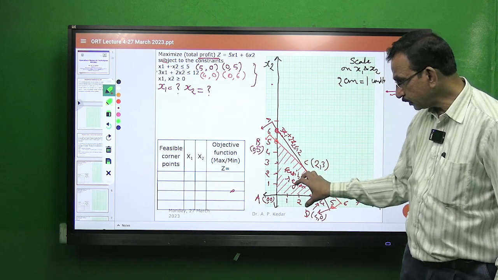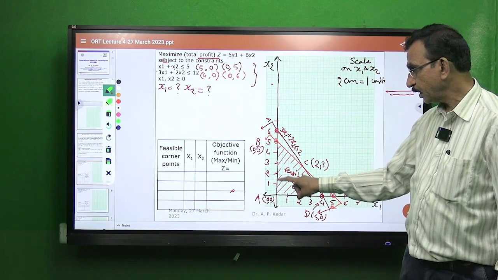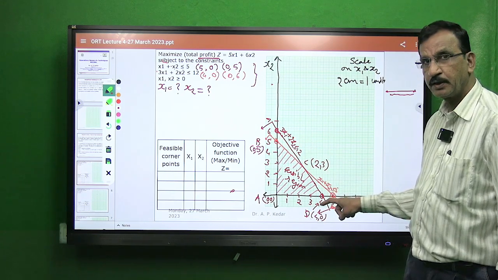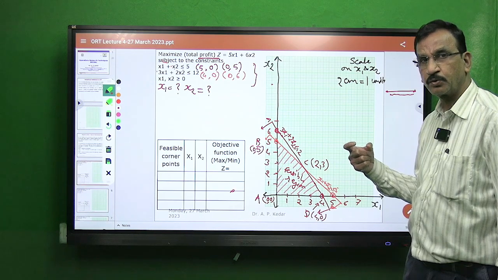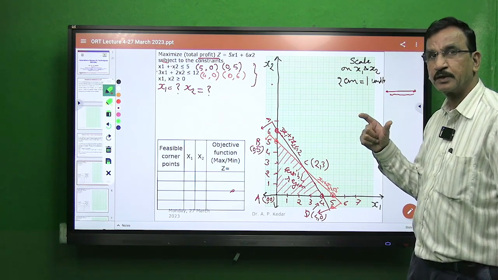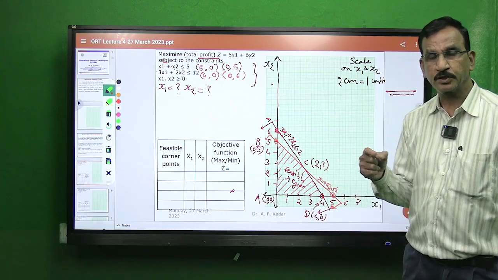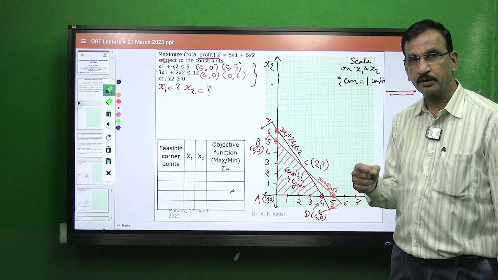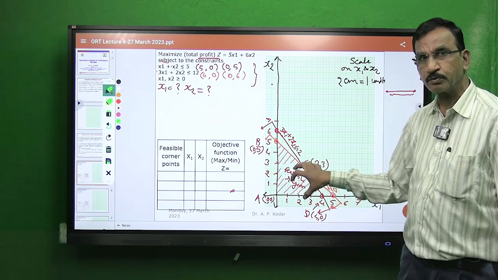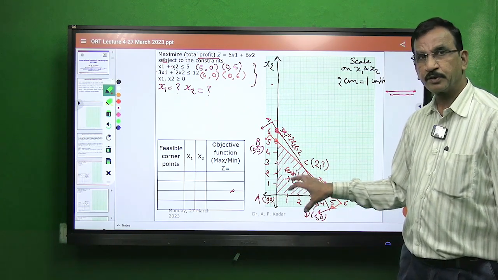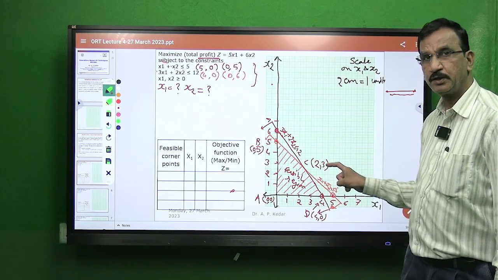So to represent the entire zone covered by A, B, C, D, on the basis of this mathematical corollary, we only have to consider the extreme points, and therefore the name of this method is the extreme point method for finding the solution to a graphical problem. So the extreme points of this feasible region are A, B, C, D.